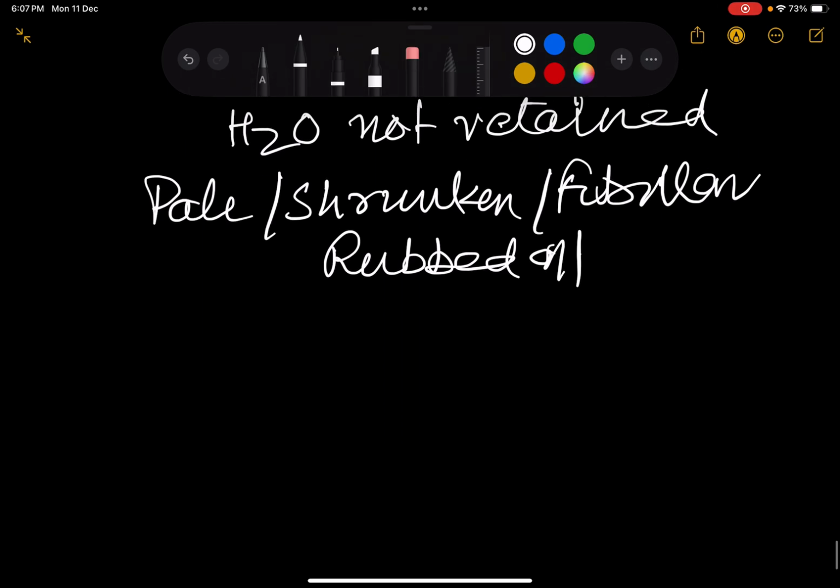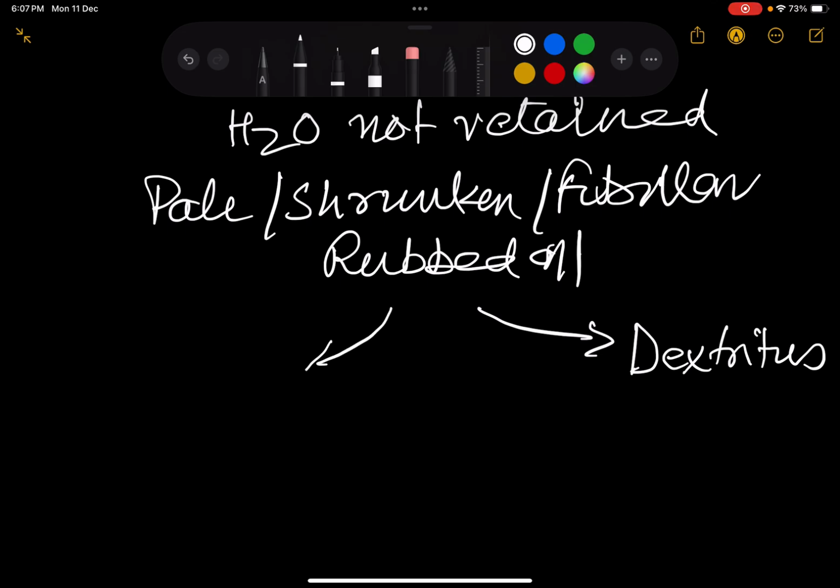So when it is rubbed off, in the synovium it floats as detritus. And if it is rubbed off, it can reveal the subchondral bone, which is called eburnation.